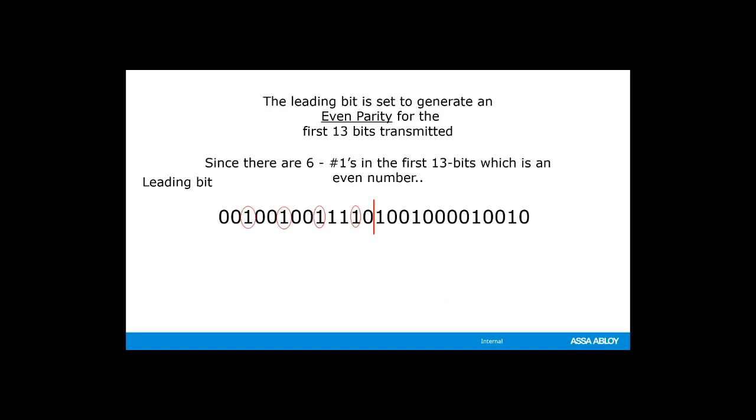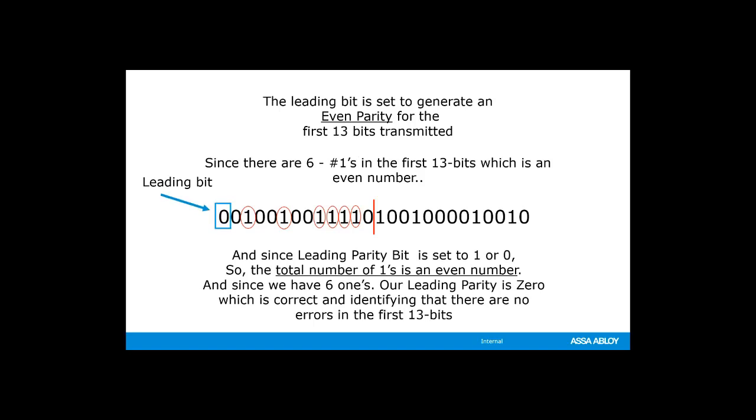Since there are 6 ones in the first 13 bits, which is an even number, and since the leading parity must be set to 1 or 0 so the total number of ones is an even number, the leading parity must be 0, and this identifies that there are no errors in the first 13 bits.